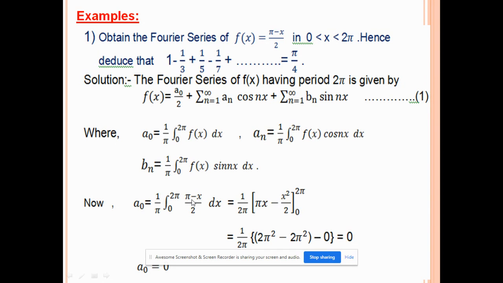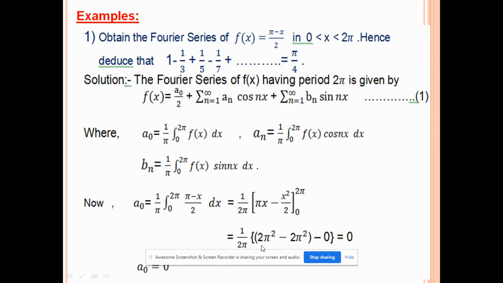Keep pi as it is; integration of 1 is x, and integration of x is x square by 2, because pi is constant here. Therefore pi x minus x square by 2, limits from 0 to 2 pi.